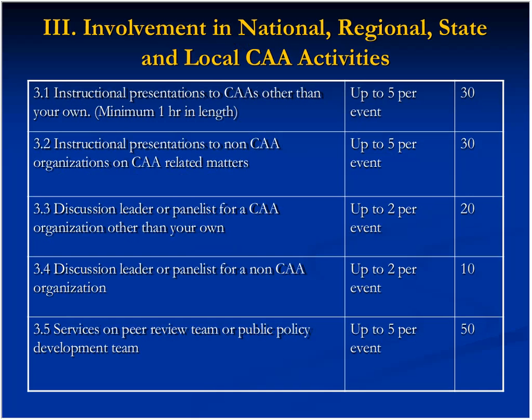And that's involvement in national, regional, state, and local community action activities. This is the second longest of the sections of the candidate data form. There are 9 subsections. Let's look at the first 5 now. One is instructional presentations that you've done to a community action agency other than your own.